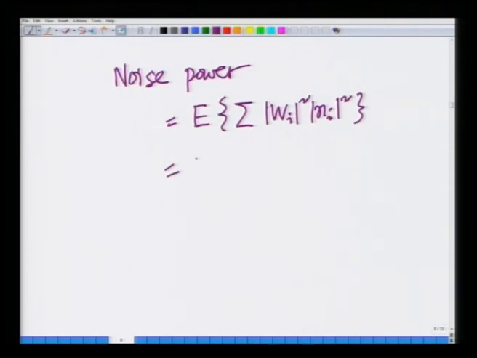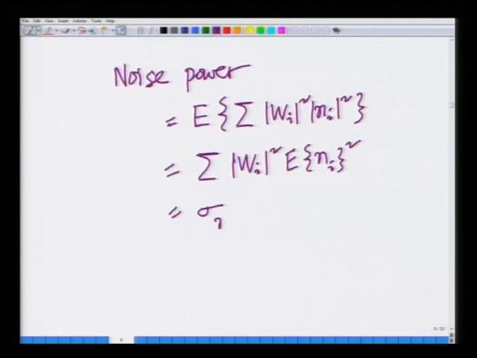This I can write as a summation, because magnitude Wi square is a constant, so that will come out of the expectation. I can write this as summation over i of magnitude Wi square times expected magnitude Ni square. Each expected magnitude Ni square is equal, that is the power in the noise at each receive antenna, that is sigma n squared.